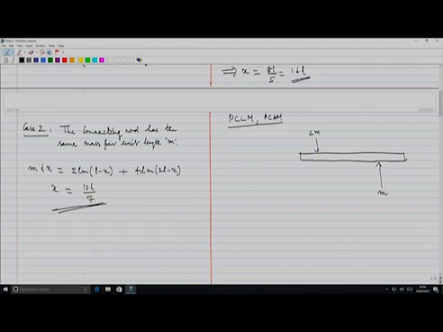As indicated in the figure below. Now the velocity of this mass is v. The velocity of this mass is 2v. Right? C is the center of mass. And this distance is 3a.